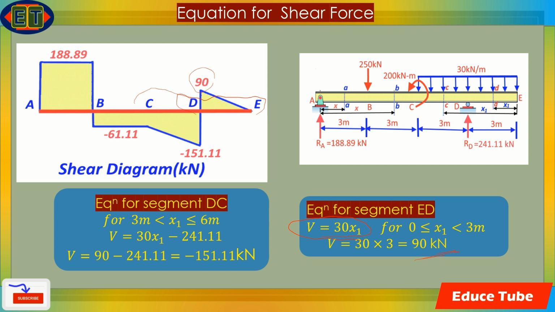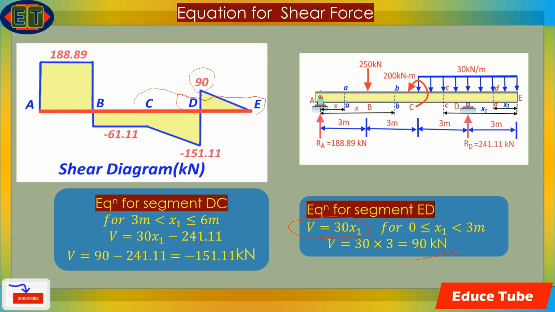Equation for segment DC. The x1 range is less than or equal to 6 meter but greater than 3 meter. So the equation will be this shear minus these support reactions.